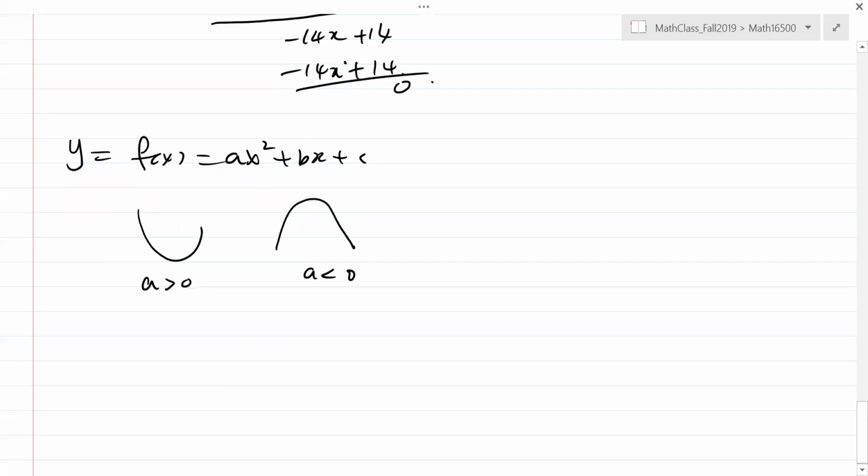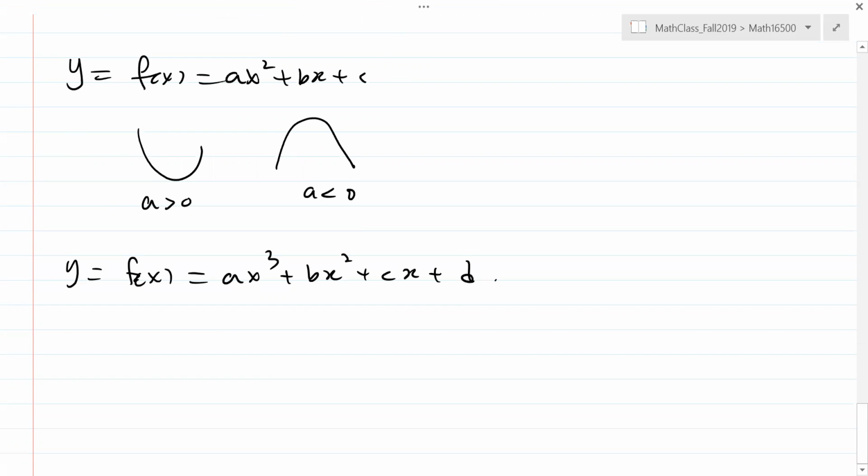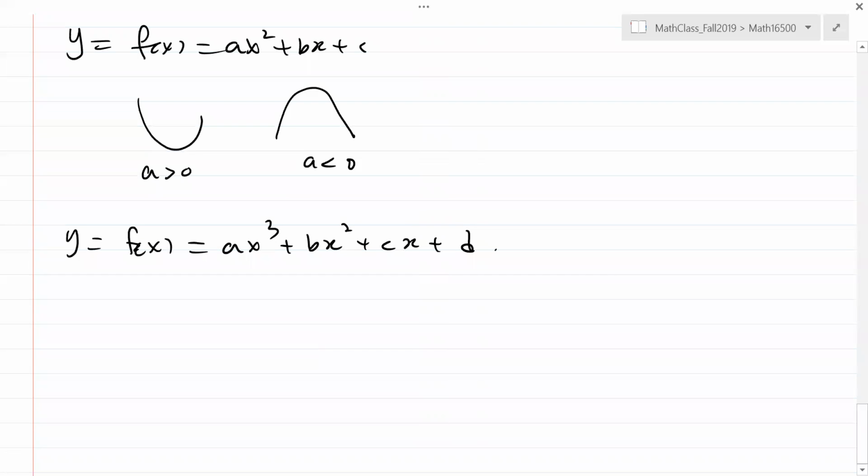But how about a polynomial of degree 3? It also depends on the sign of the leading term. I think the graph looks like that if a is positive, and like that if a is negative. So you should know at the very beginning what it looks like.